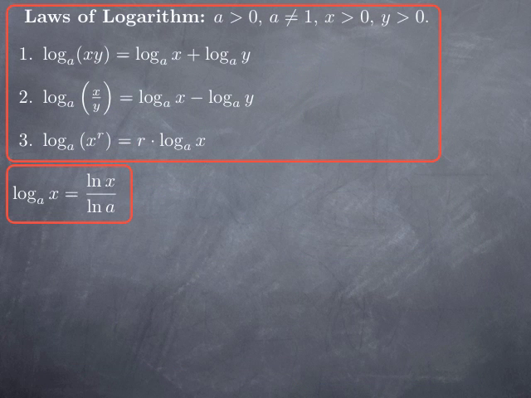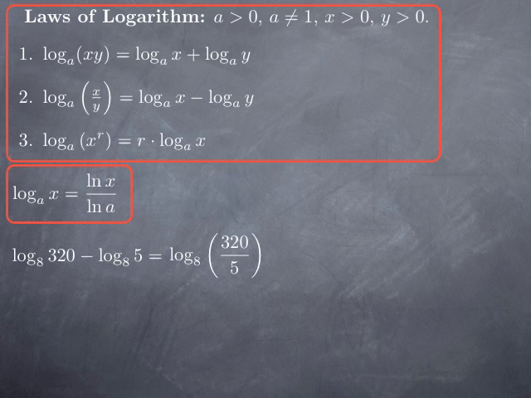So we have these laws of logarithm, and that means that we can manipulate at least some expressions that contain logs. For instance, if we're trying to evaluate the log of base 8 of 320 minus the log of base 8 of 5, it's a difference of two logs of the same base, and therefore, using the second formula in the laws of logarithm, this is really the log of base 8 of the quotient 320 divided by 5.